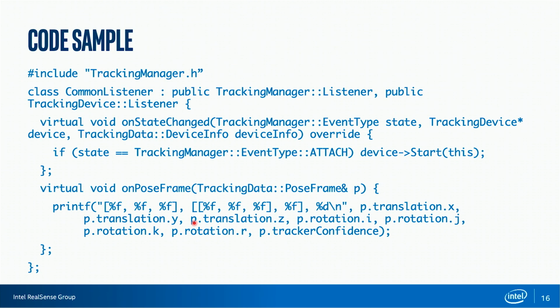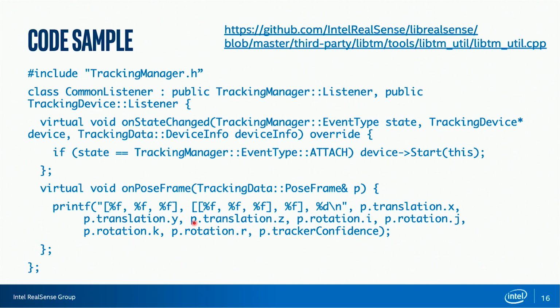You saw it before: video, accelerometer, gyro callbacks. For a more complete example, again, please go to GitHub. In this libtm util, you will see more of the functionality, such as loading and saving of maps, and usage of the wheel odometry.